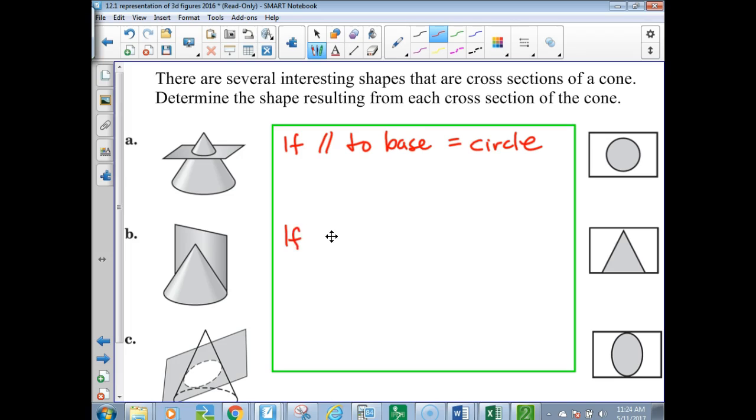If it's a cross-section through the vertex and in half, then you get a triangle.